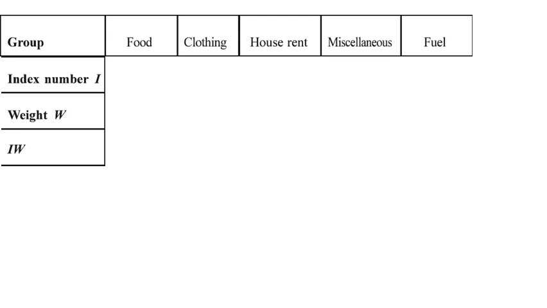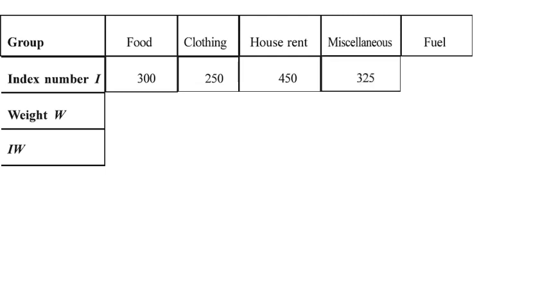The percentages of expenditure given will be our W weight, and then we will be multiplying I with the W. As I said, food is 3 times, that would be 300. Clothing is 2.5 times, 250. House rent is 4.5 times, 450. Miscellaneous is 3.25 times, 325. And fuel we just found, that was 113.5.